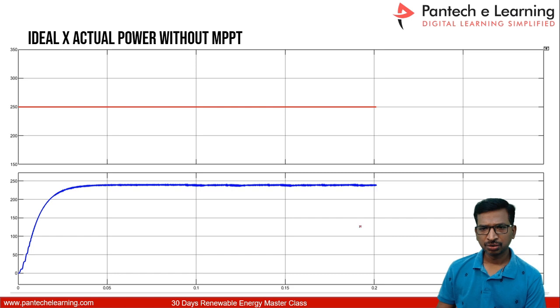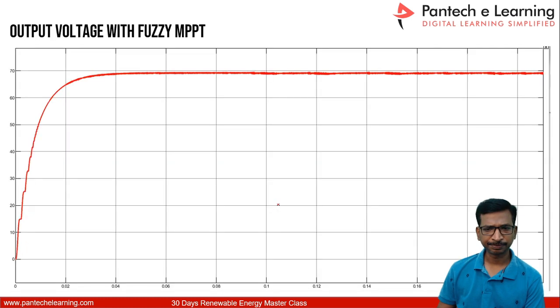So try to implement the same block diagram, and paste the output in the comment box. This is a typical output voltage. In the previous methods we reached a similar result for this 250 watt ideal power, but somehow it has been improved. Like that, you can implement and paste the output in the video comment box.